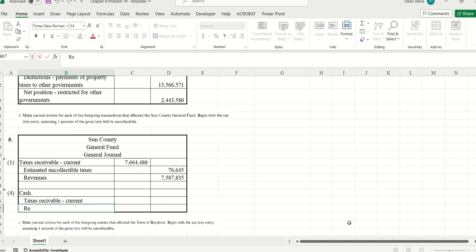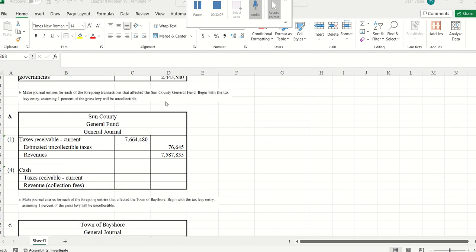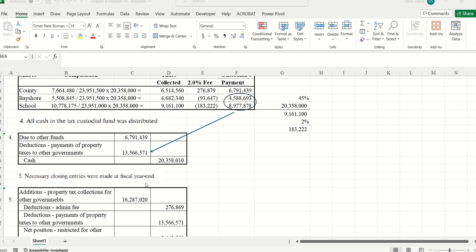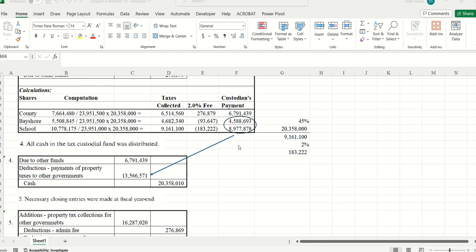And then revenues, revenue, collection fees. Okay. So now, where do the numbers for these come from? Our total cash that we collected was right here.